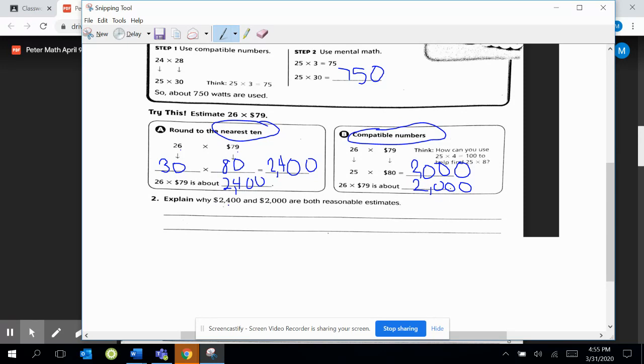Explain why 2,400 and 2,000 are both reasonable estimates. Did you think about that yet?